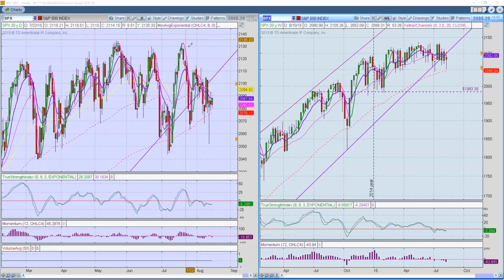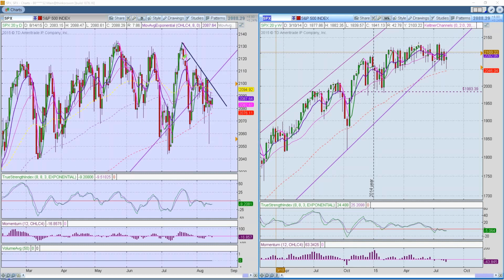And so we could say that the S&P is also in a short-term downtrend. We've got a series of lower highs, and now with this low being taken out, we also now have, by this particular day, a series of lower lows, which is the definition, of course, of a downtrend.